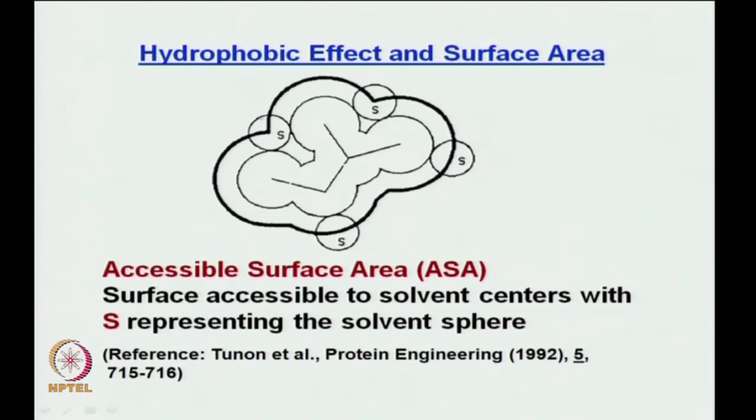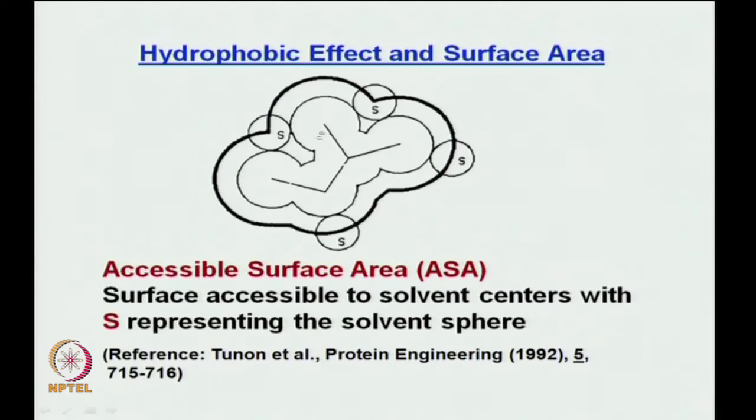It says that the center of this solvent molecule or any such solvent molecule will not be able to go beyond the solid line. That means, whatever area is out here is the one which at the most will be accessible based on the hydrophobic molecule which I have in the center. Anything beyond that will not be accessible, or vice versa.